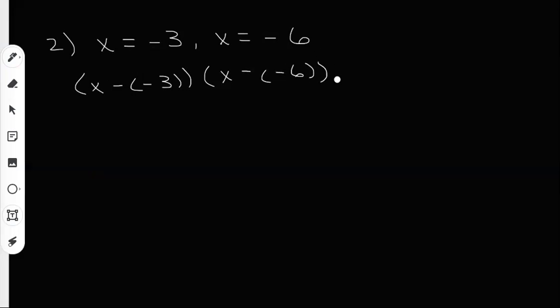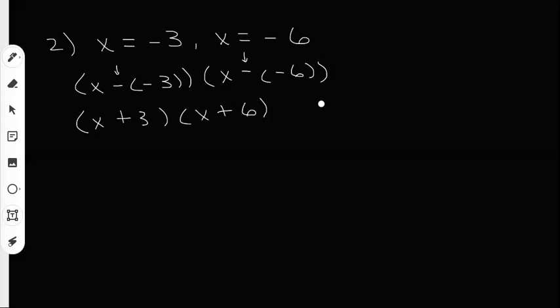Notice that whatever numbers were given, we always use a subtraction sign in the middle, no matter what. And that's going to interact with the negative number that we already have, so a double negative becomes a positive. So we can write this as x plus 3 and x plus 6.